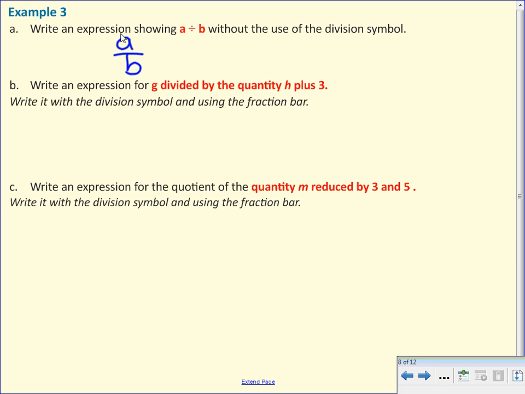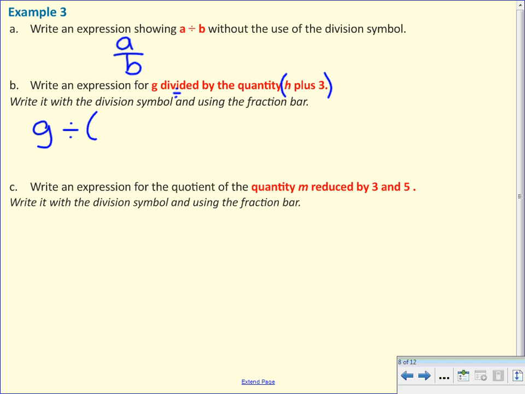Now we want to write an expression for G divided by the quantity H plus 3. First, before I try to turn it into a fraction, let's just write it using a good old-fashioned division symbol, okay? So I have G divided by the quantity H plus 3. Quantity is just fancy for sum. The sum of H plus 3, the total of H plus 3.